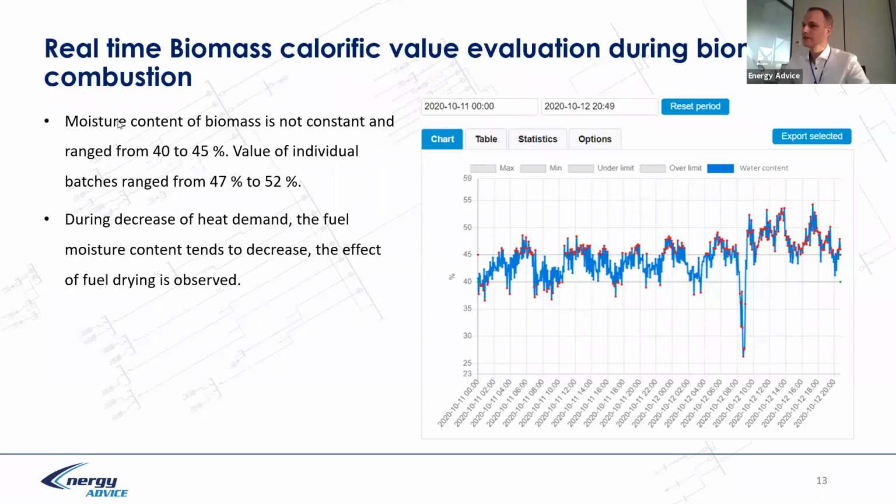So we don't understand the moisture content in biomass. For example, here during the period from 11 to 12, the biomass fuel was rated at 40–45%. However, it increased to 50, 55, 53% water content, and accordingly the calorific value changed.